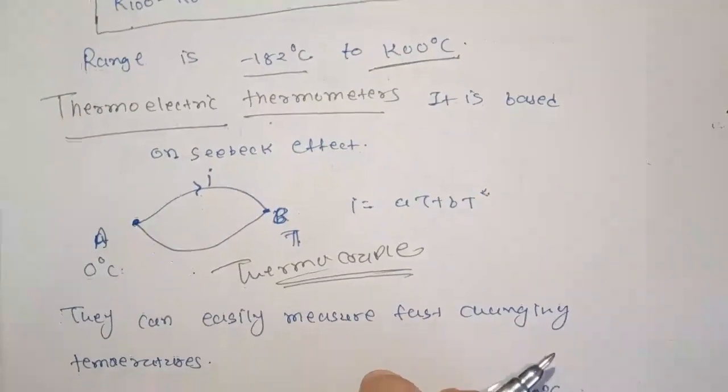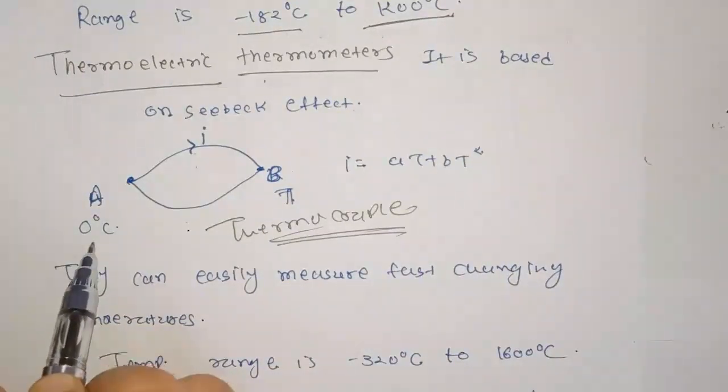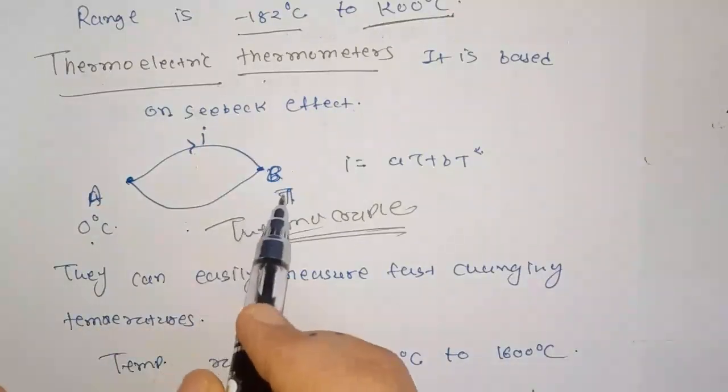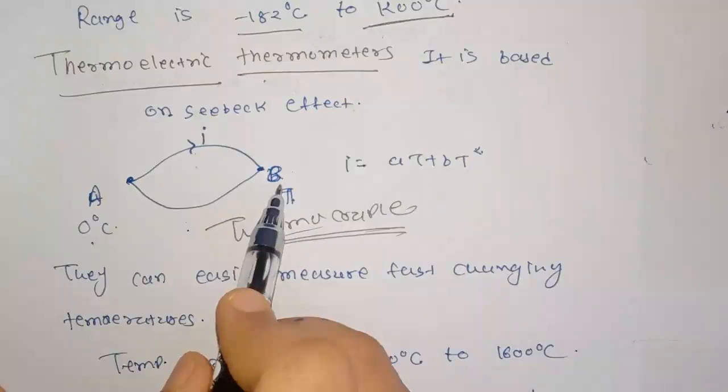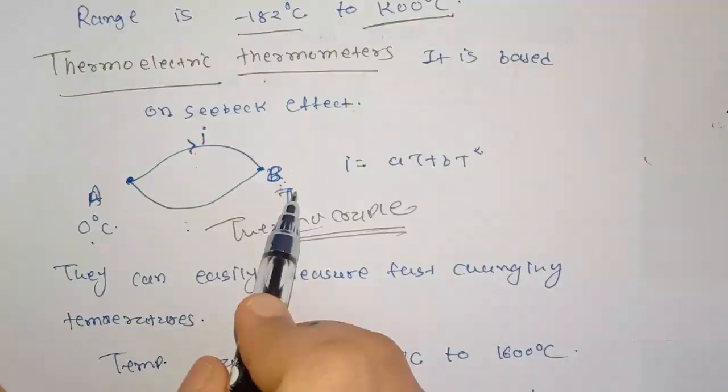Now, one junction is generally kept at 0 degrees Celsius, that is the freezing point, and the other junction is placed on a body whose temperature is to be measured. Let's say T is the temperature to be measured.